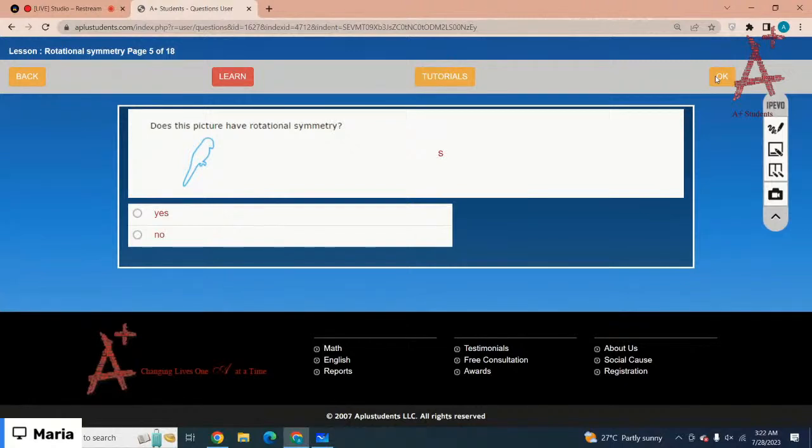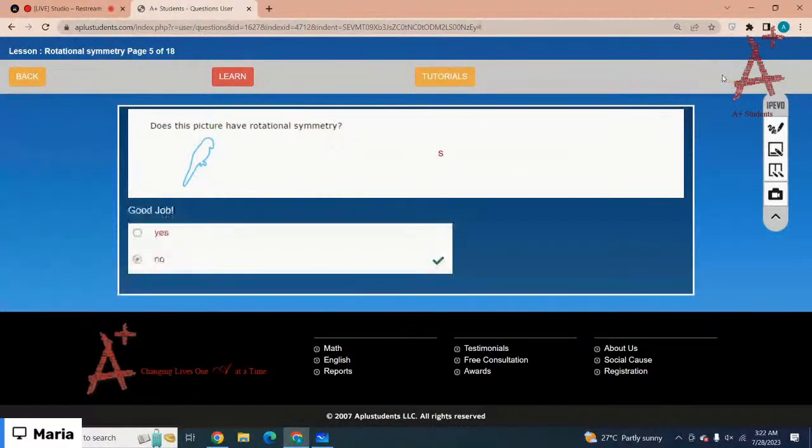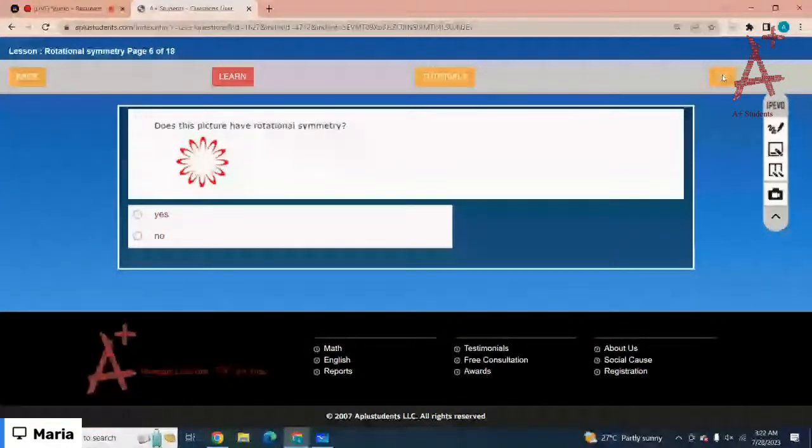Does this picture have rotational symmetry? The correct option is no. Does this picture have rotational symmetry?